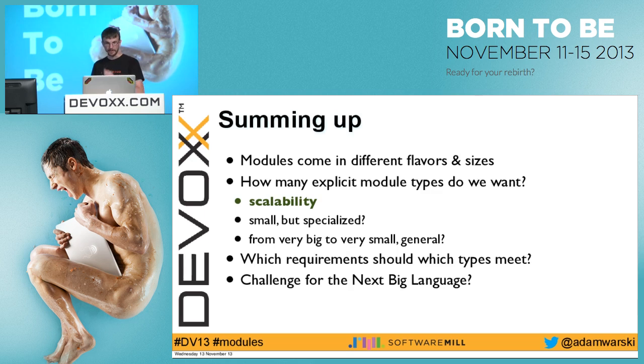Okay, so to sum up, modules come in a lot of different flavors and sizes. If you look at the various concepts we use in our languages, most of them can be viewed as some form of modules. And so now the question is, how many different module types do we want? Do we want a lot of small but specialized module types?